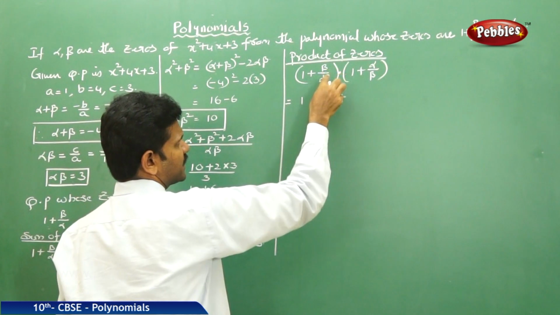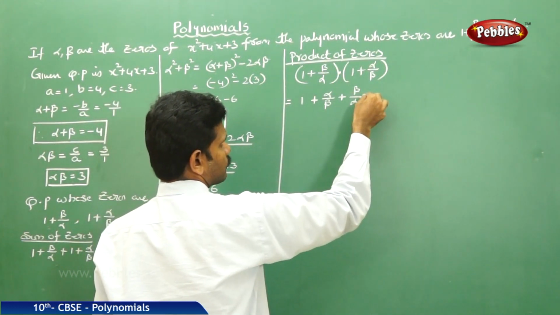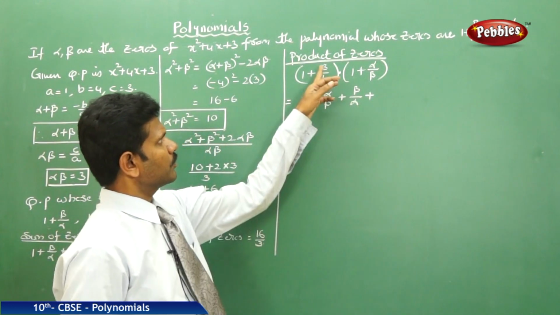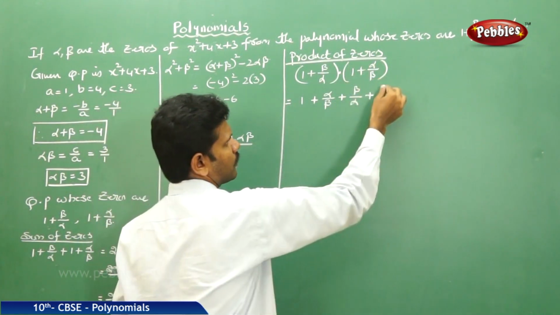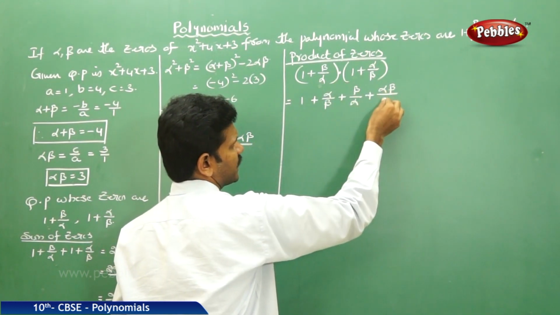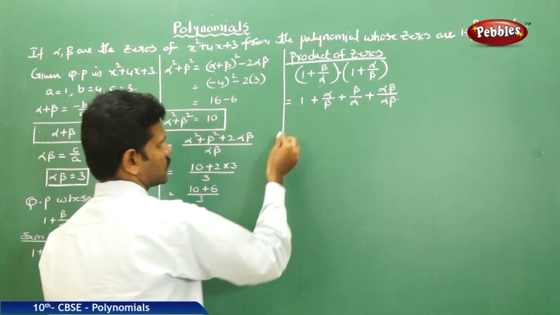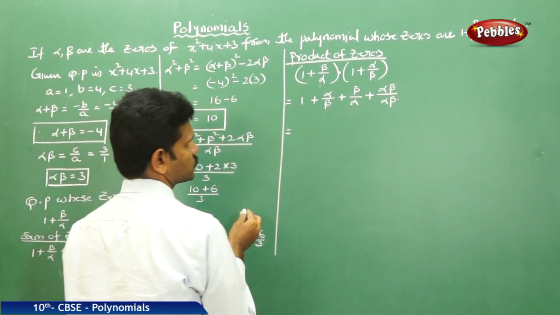plus beta by alpha into 1, beta by alpha, plus beta by alpha into alpha by beta, that is equal to the product of the zeros.